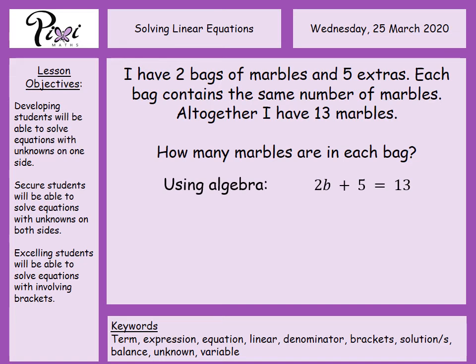Now, I have a linear equation. To solve this linear equation, I will first subtract 5 from both sides. Now I will have 2b equals 8. I will divide both sides by 2. I will have b equals 4.